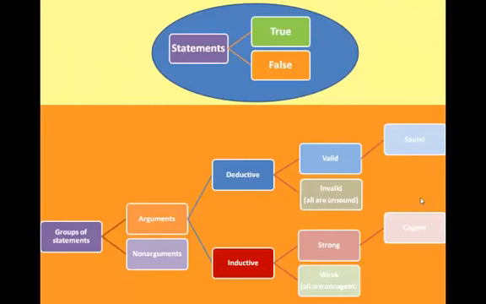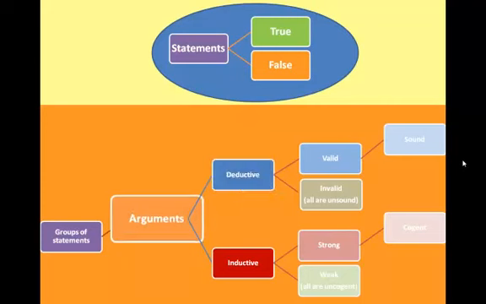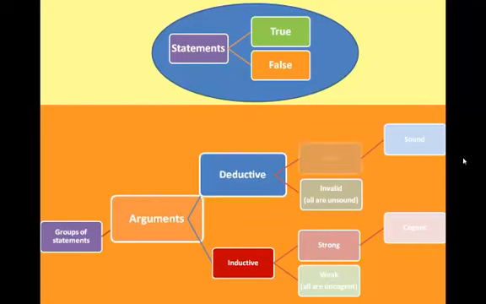In conclusion, then, statements can be true or false. Groups of statements can be arguments or non-arguments. Arguments can be deductive or inductive. Deductive arguments can be valid or invalid.